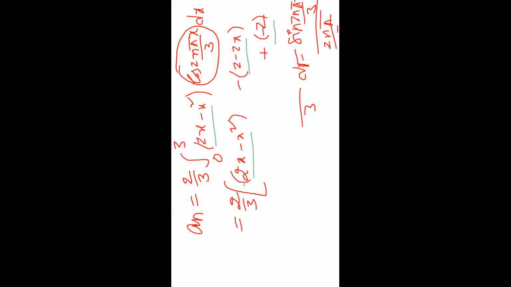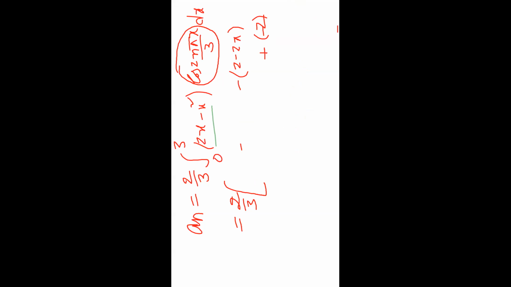For 2x minus x square, we have to find the integration of cos, that equal to sin 2n pi x by 3 divided by the angle of x, 2n pi by 3.